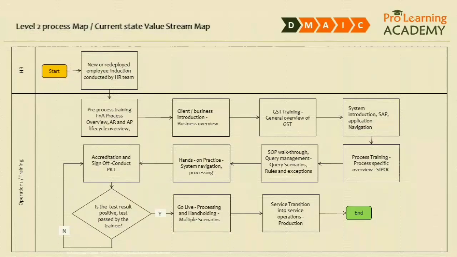Process maps. So in process map, there are different levels. Level 1, level 2, 3, 4, and 5. So a process map is a visual flow of the process. This process map should have decision points, delay, the movement that happens within the process, handoffs if any, control points, and the direction.